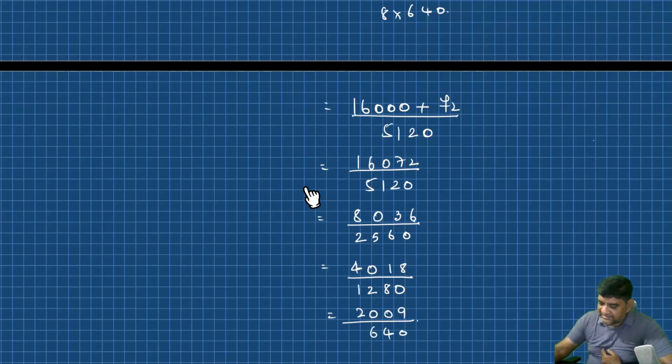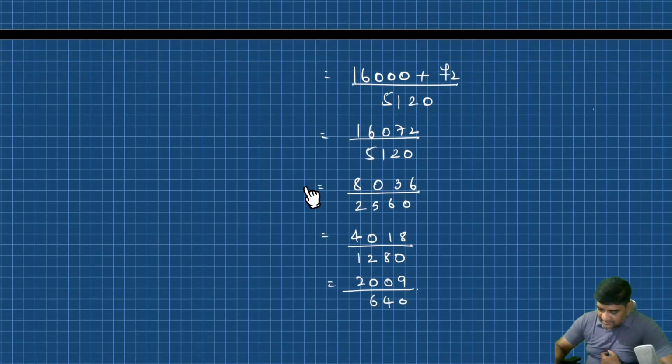This is not further divisible, and hence the approximate value for pi is going to be that much.